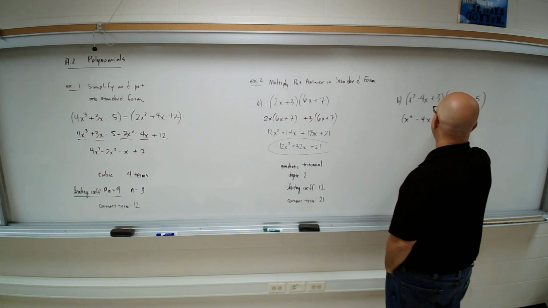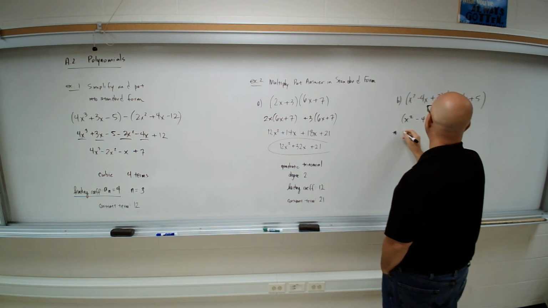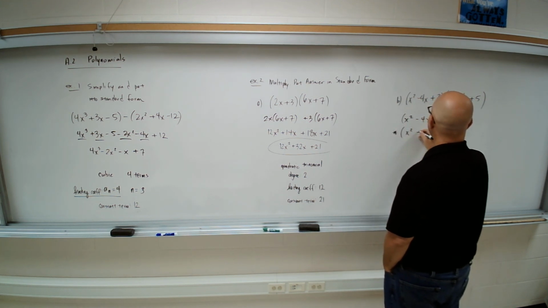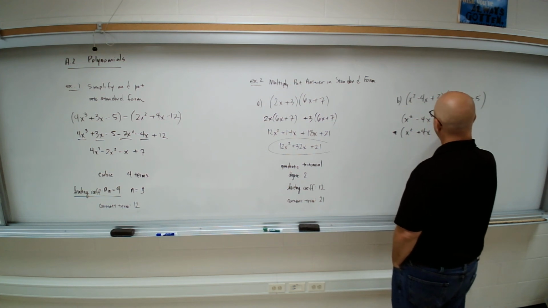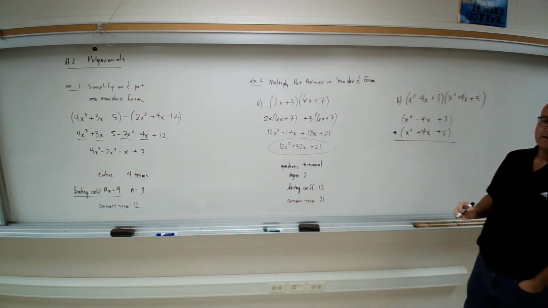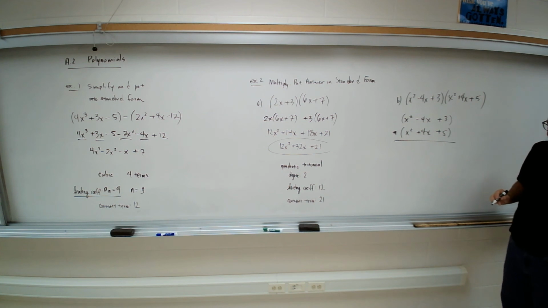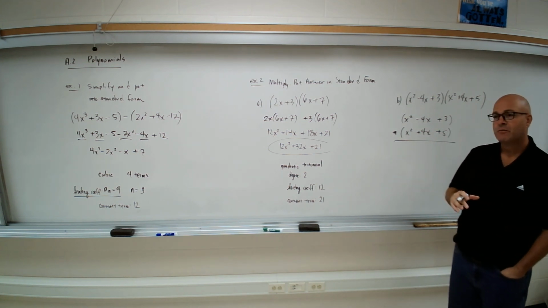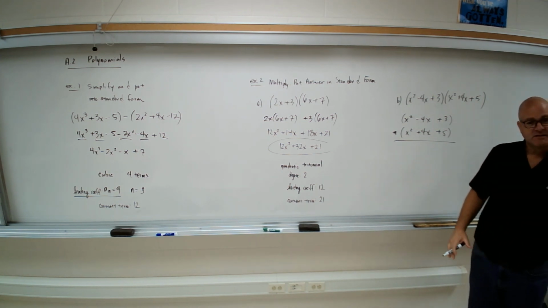It's just like how we used to write things vertically, right? You can do it like this. What we'll try to do is group things in columns based upon degree.